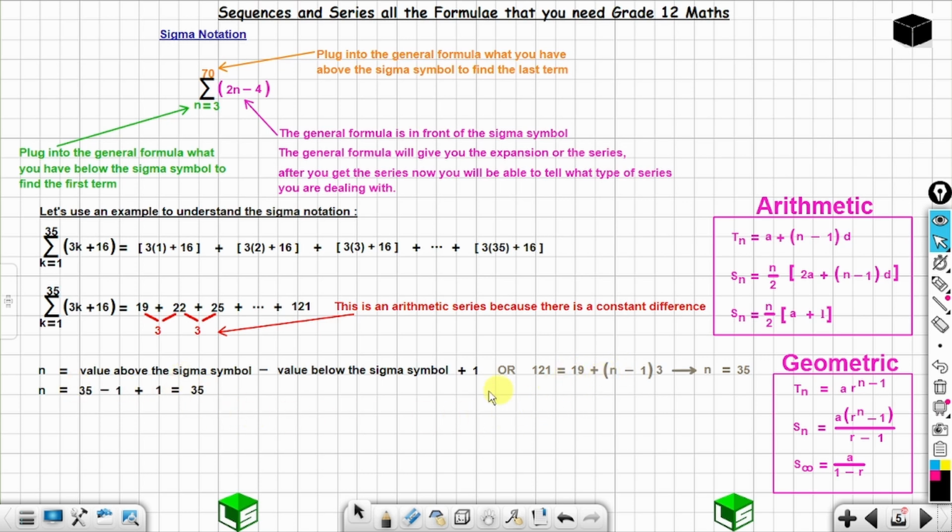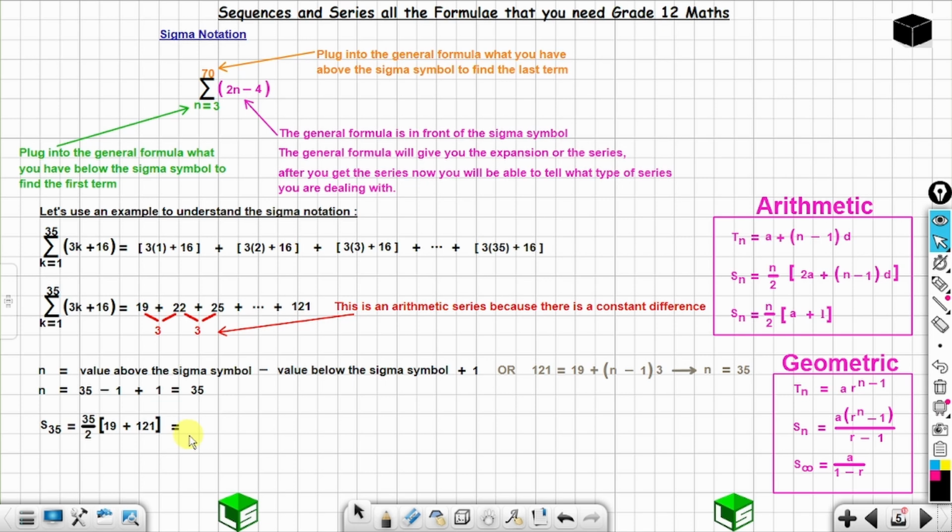Now we know we have to calculate S35. You can use this formula or this formula. I'm going to use this formula. So, this is equal to 35 over 2, in bracket, I have A, which is 19, plus L, which is the last term, 121. You close your square bracket.